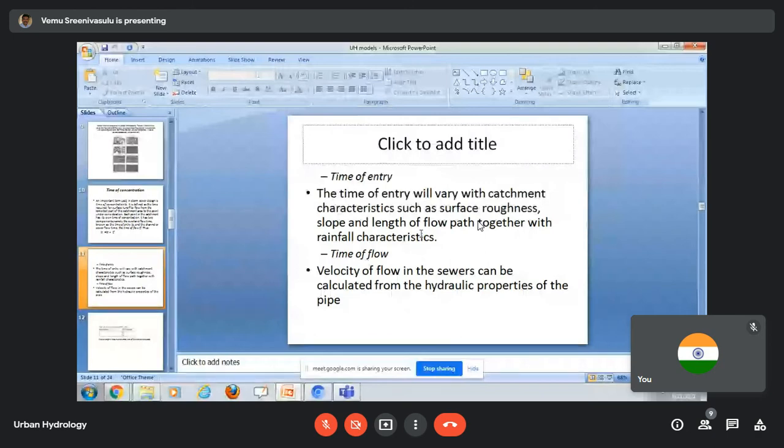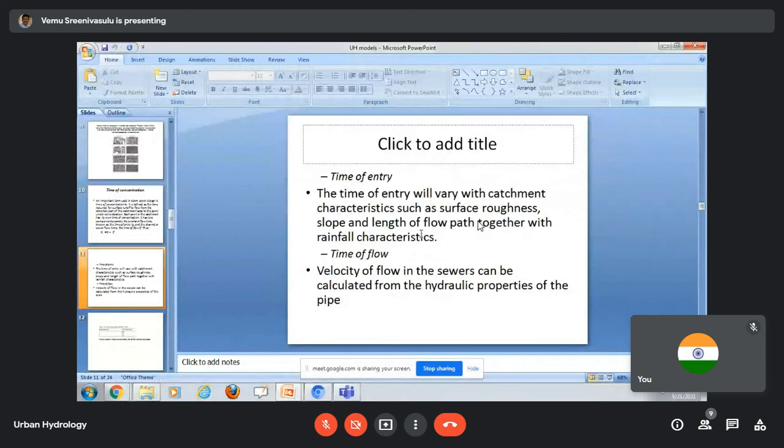If it is clay soil, where the infiltration capacity is less, the velocity of the overland flow will be relatively high. If the velocity of the overland flow is high, the time of entry will be less.